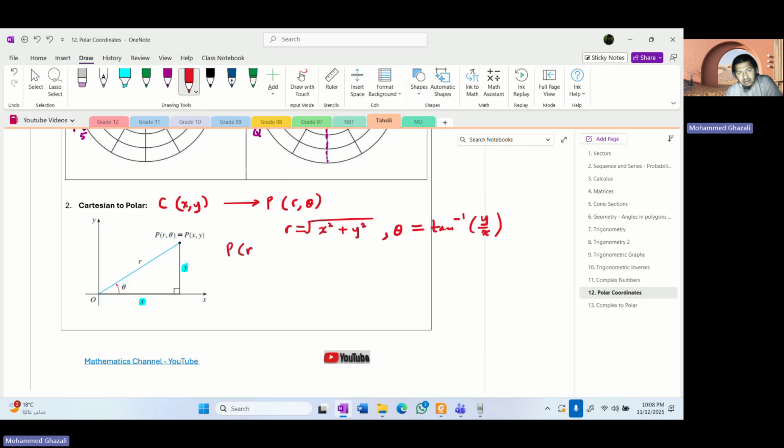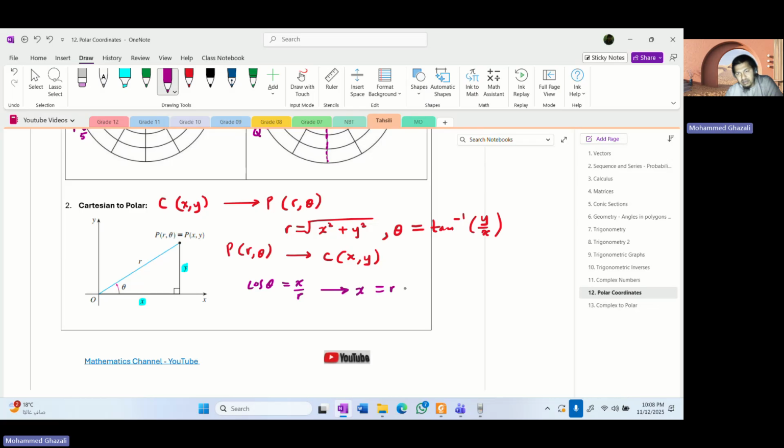Now, how do you go from polar back to Cartesian? If you're given r and theta, how do I solve for x and y? Very simple. We use these formulas here. We are given r and theta, so we want to solve for x. Forget about y now. So x over r is cos theta, so cos theta equals x over r. This implies x equals r cos theta.